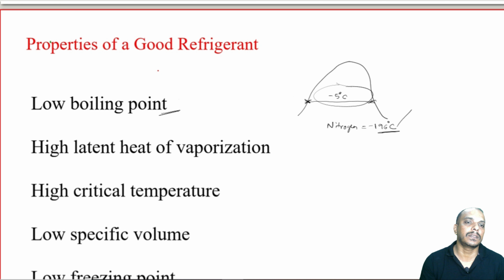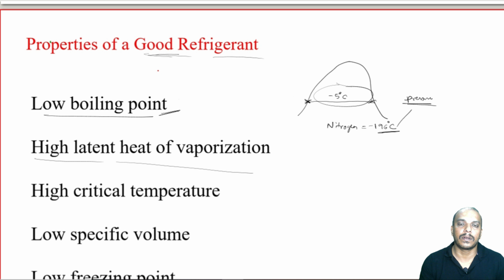Otherwise, the other option is to pressurize. Now, if we pressurize, we can even store it at room temperature. So, low boiling point is one property for a refrigerant to be considered a good refrigerant.